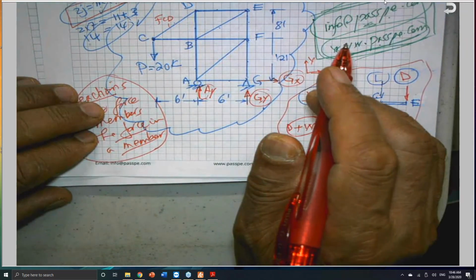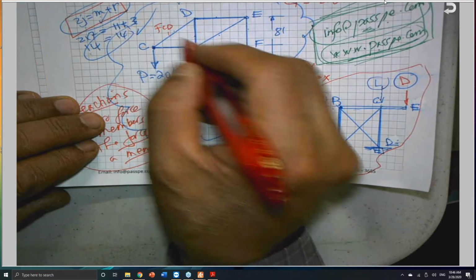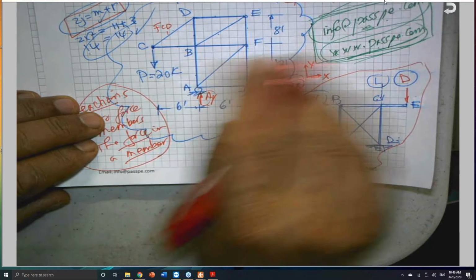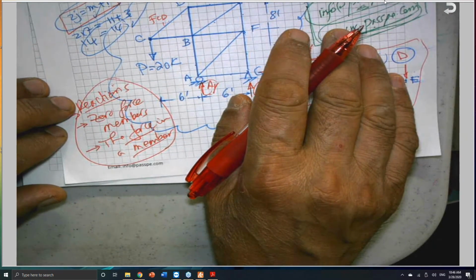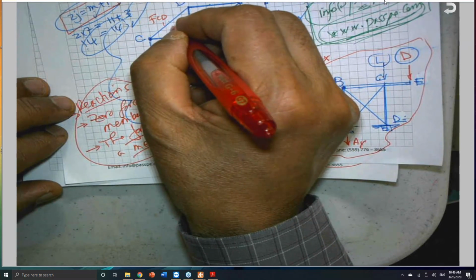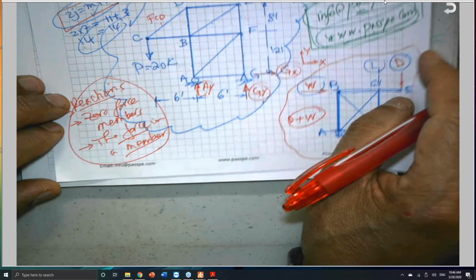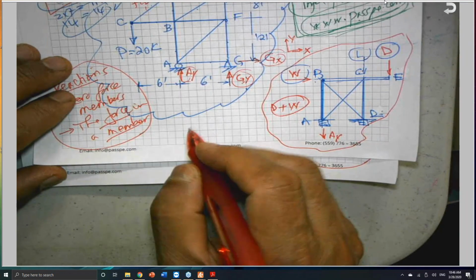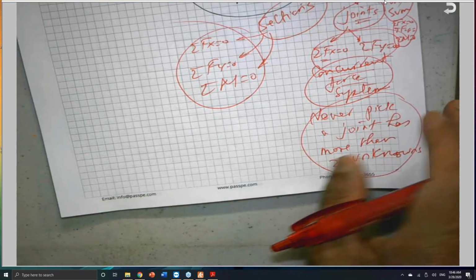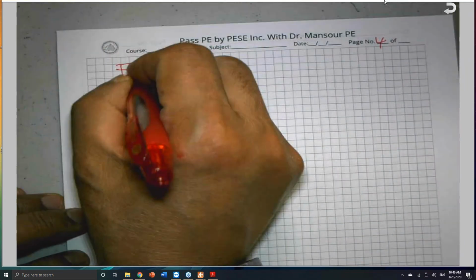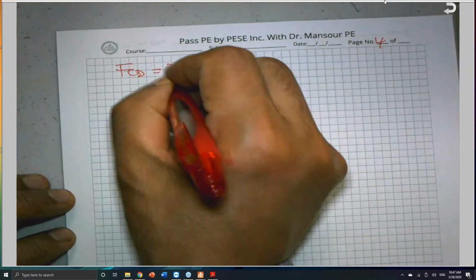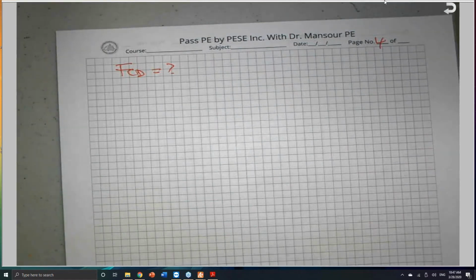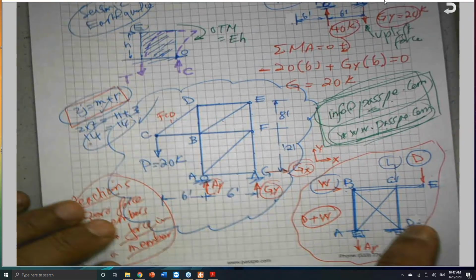Do you agree with me? Let's assume this is a question: what is the force in the member CD? I'm going to put the problem again on the screen, if you didn't get a chance to draw it.